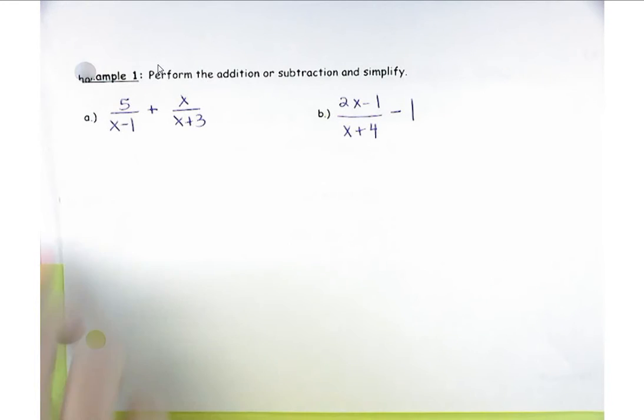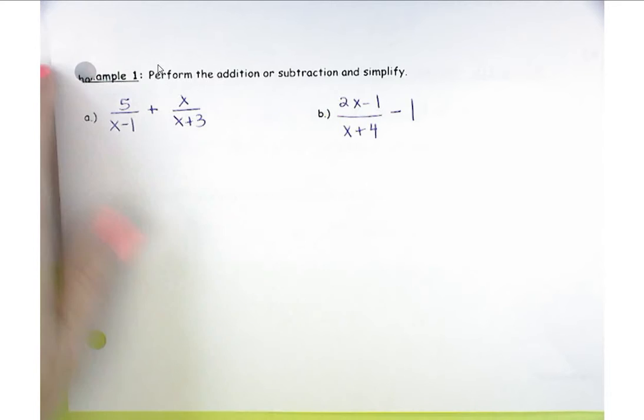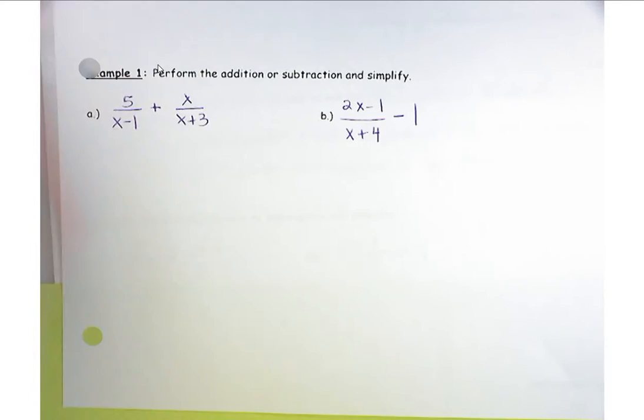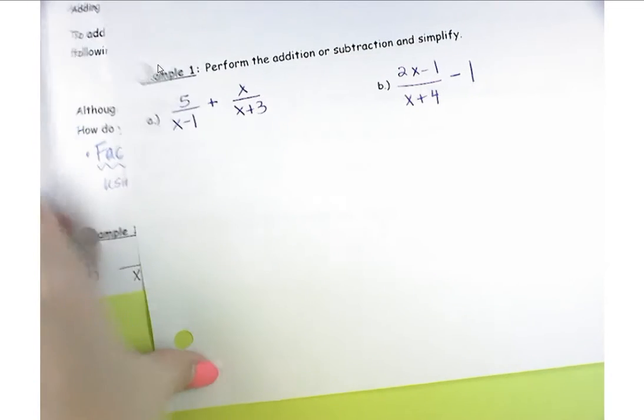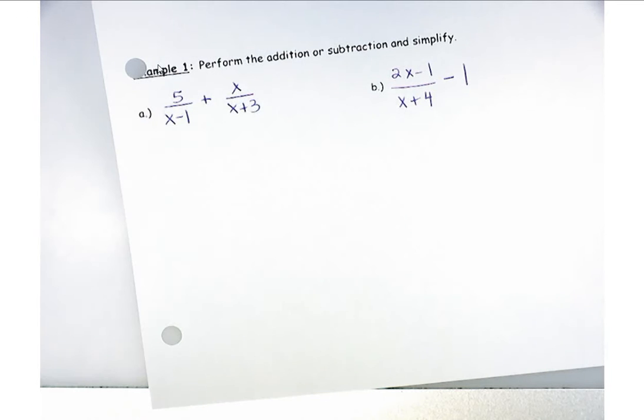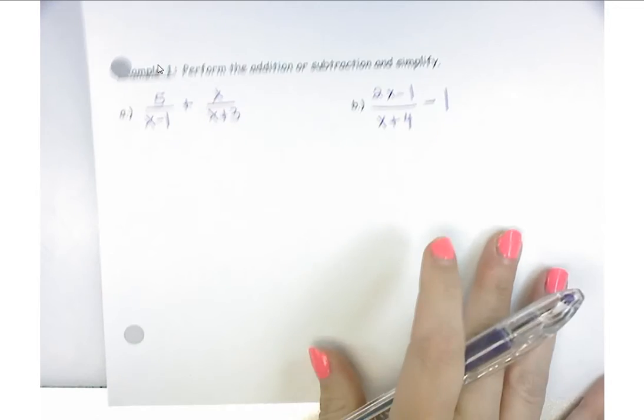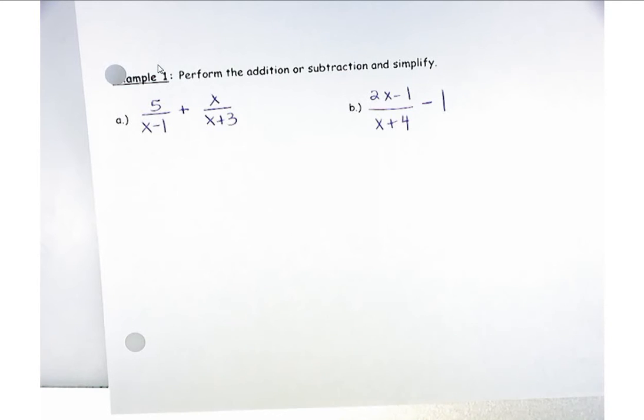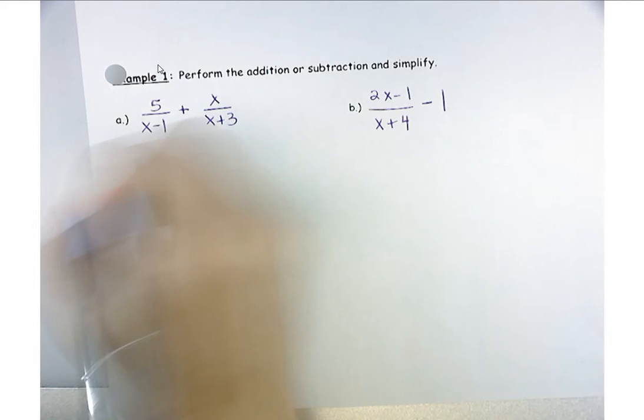Okay, so if we're performing the addition or subtraction, the first thing we have to do is get a what? Common denominator. All right, so this is the way that I do the LCD. And really, these couple problems are pretty mild when it comes to the LCD. But once you start getting into powers, it can be a little more difficult.